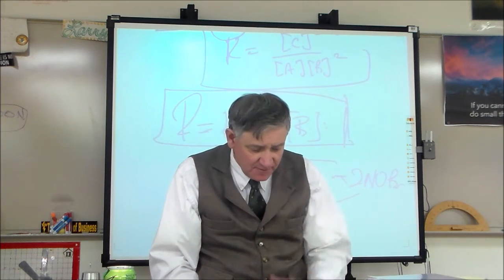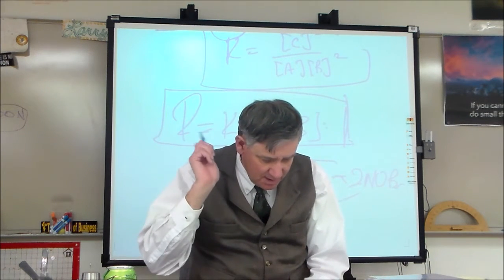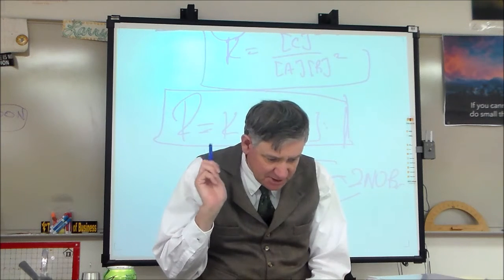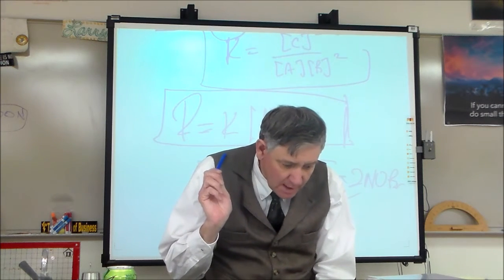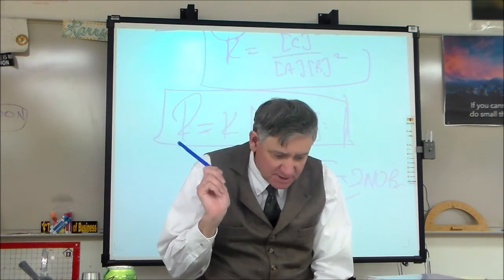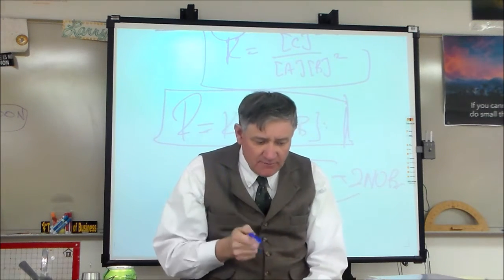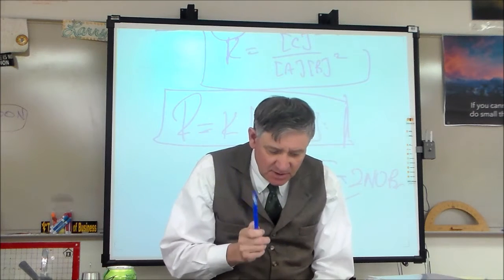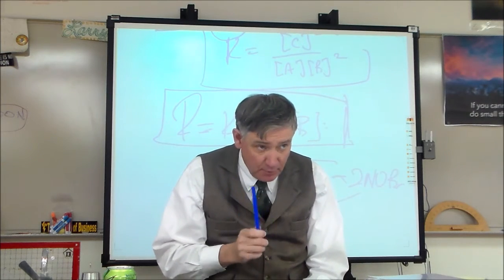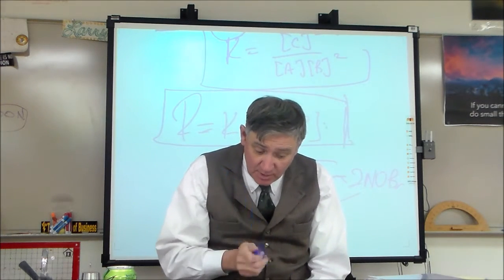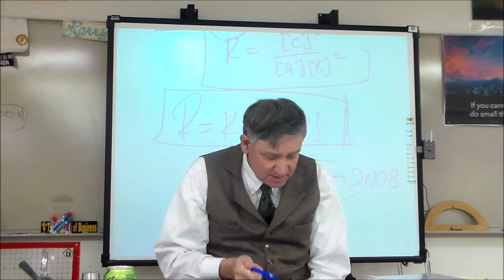On the questions off of that photocopied sheet, make sure on 21 that every one of those should involve seconds at some point, okay? Every one of them has to involve seconds.